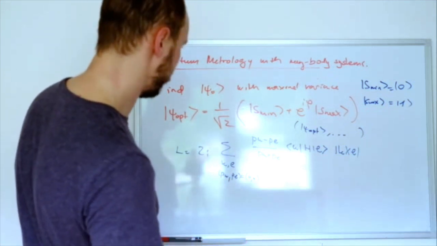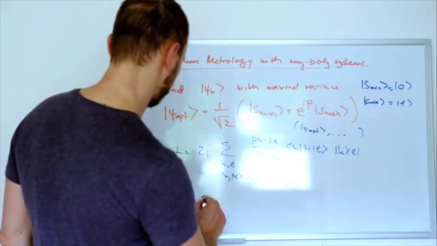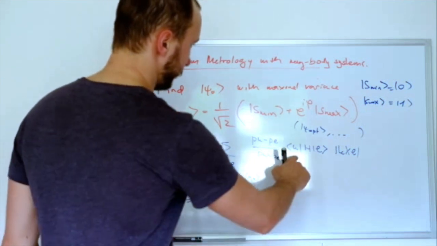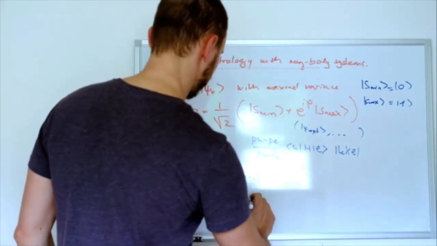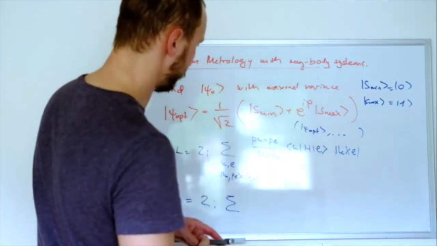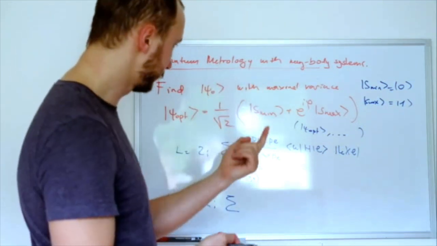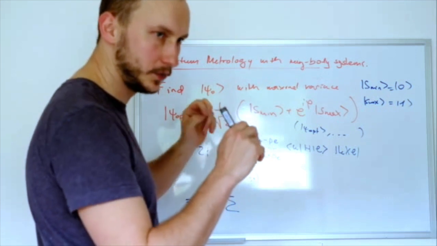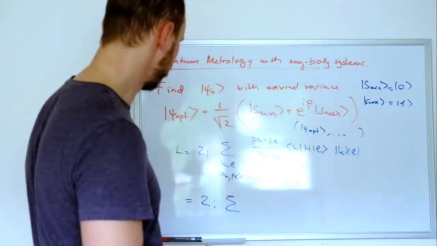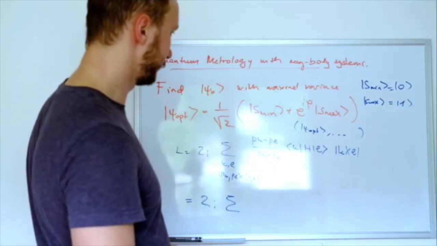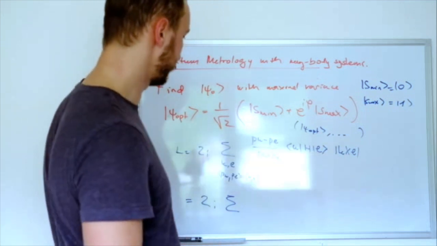I fix k to be the first one. P is 1, because there is just one p which is not 0, since we have a pure state: the p corresponding to the state psi opt itself. So this factor will always be 1 minus 0 over 1, so it will always be 1. The only thing which is important is the matrix element.